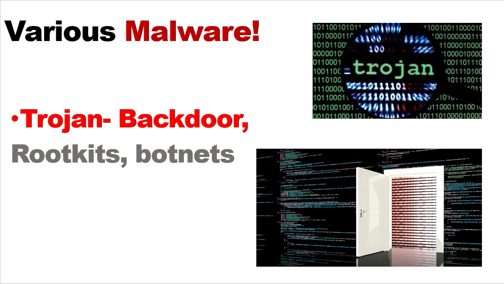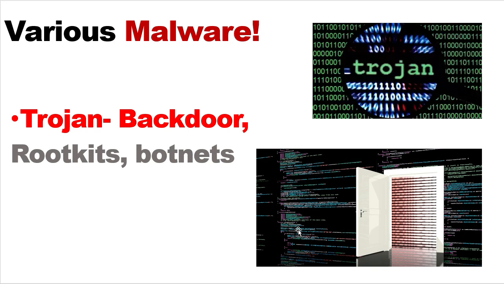Trojans get activated when the user performs a certain action. Let's say you click on a computer file. If that file is embedded with a Trojan, then the Trojan becomes active on your computer.